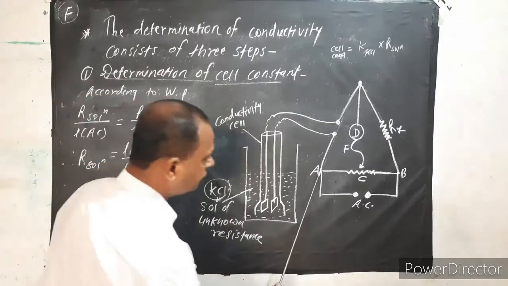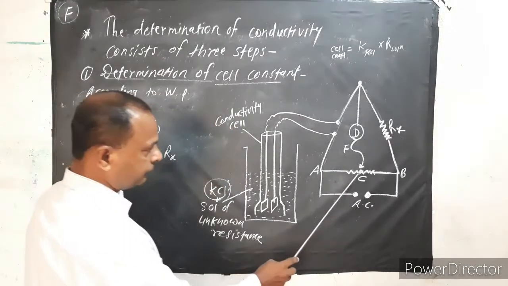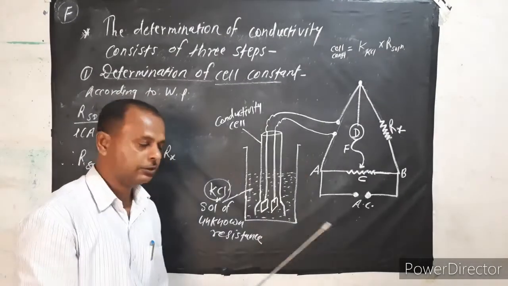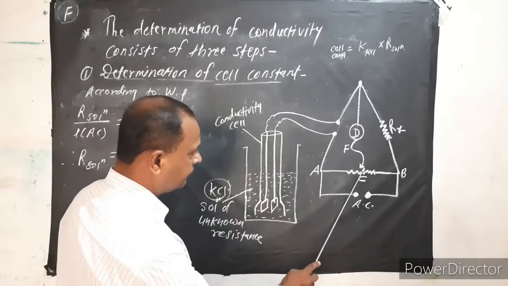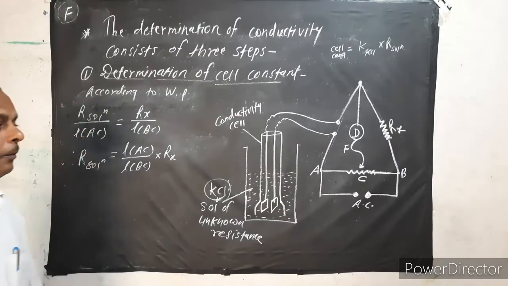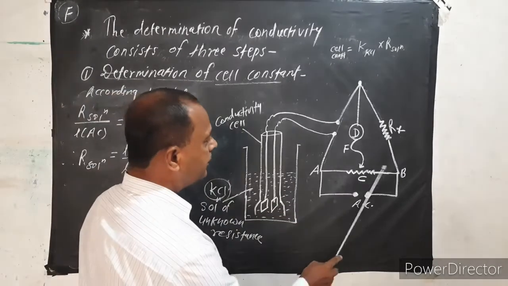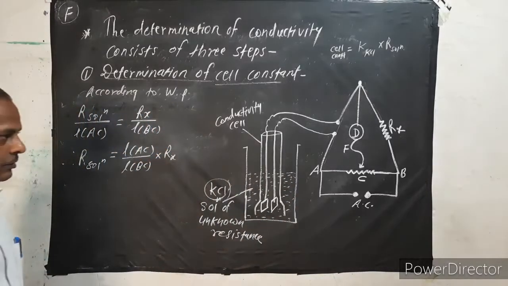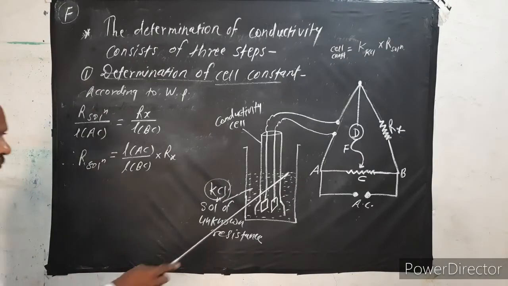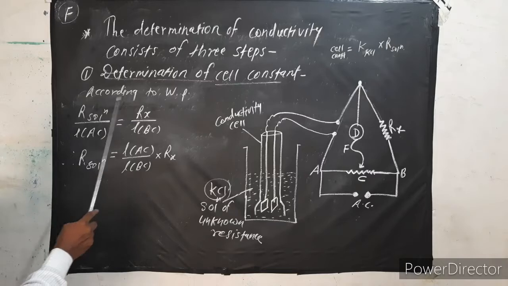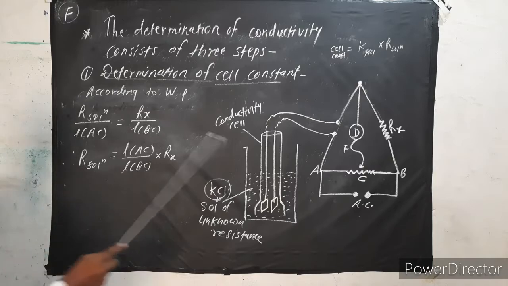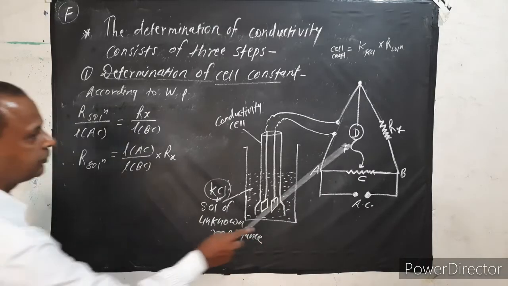As you move along the AB wire, at one point the detector D shows no flow of current, and that point is the null point. You understand? The resistances are exactly balanced, therefore no current flows, and that is called the null point or balance point. So by using this Wheatstone bridge principle, the resistance of the solution divided by the length AC is equal to what?